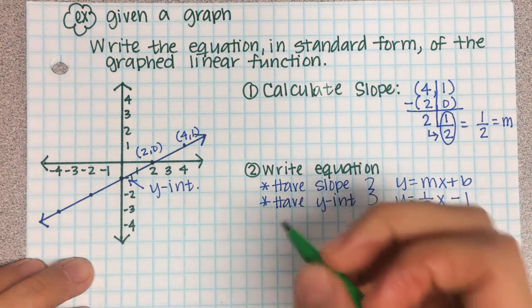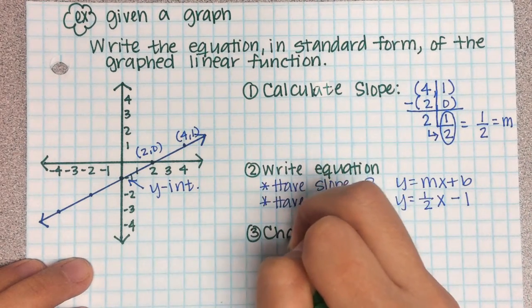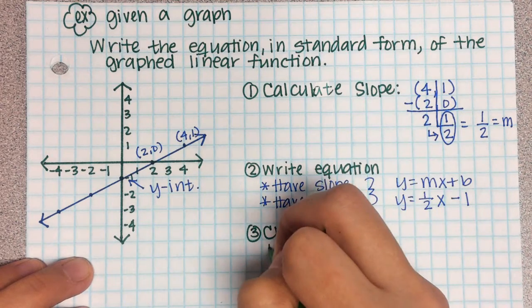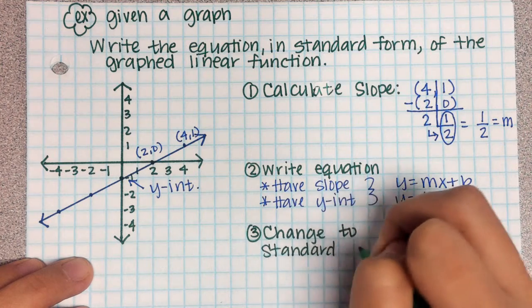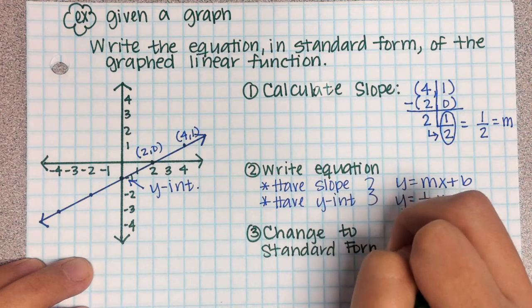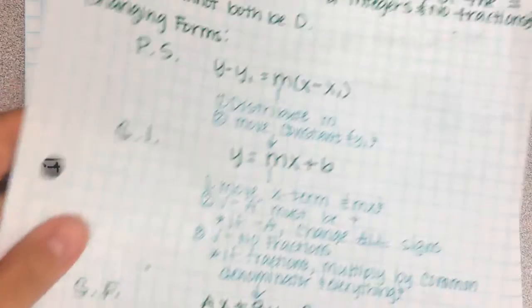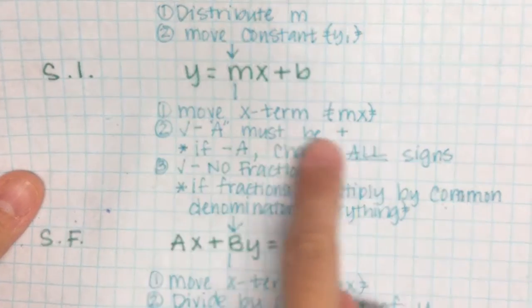So now my next step is to change it to standard form. And from earlier, if I'm in slope-intercept form and I change, I move the x term, check that A must be positive, and that there are no fractions.